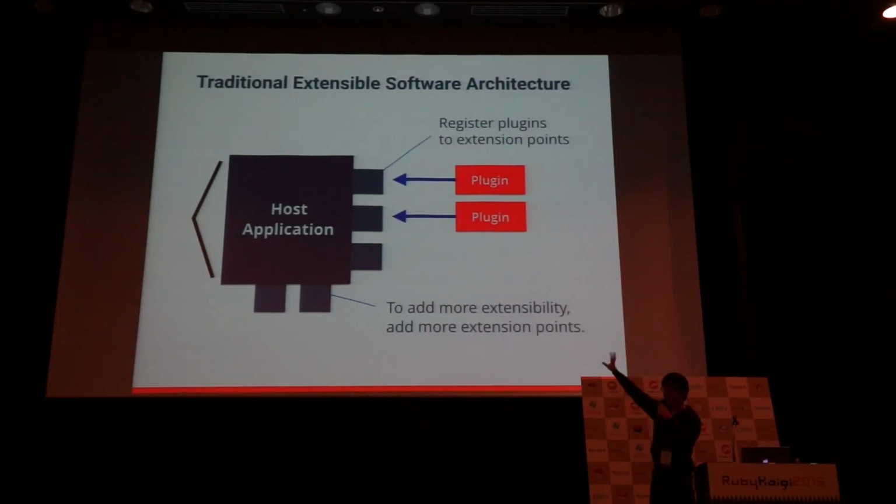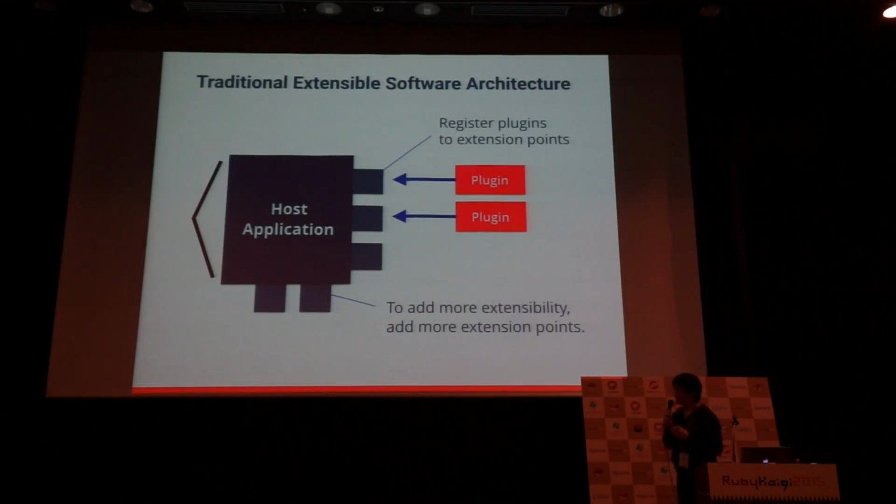There's a host application, and that host application provides some extension points. And plugins add themselves to those extension points. For example, you can add a loading interface. For that, the host application provides a loading hook point or some kind of callback. Then plugins can extend the functionality of the host application.